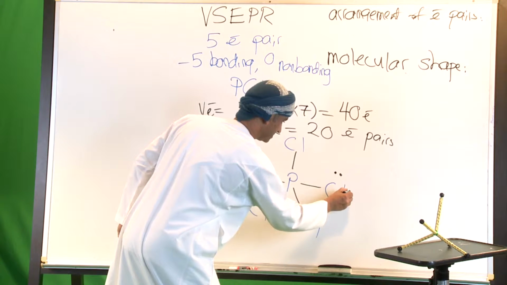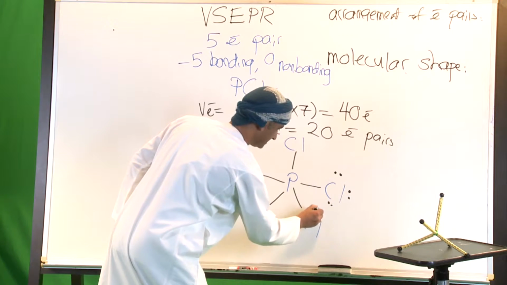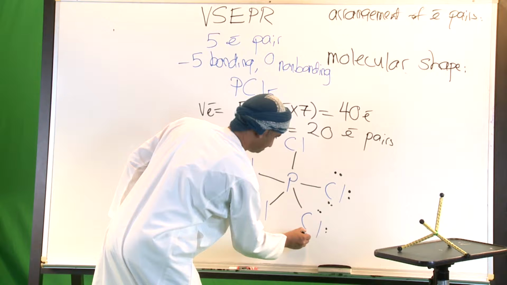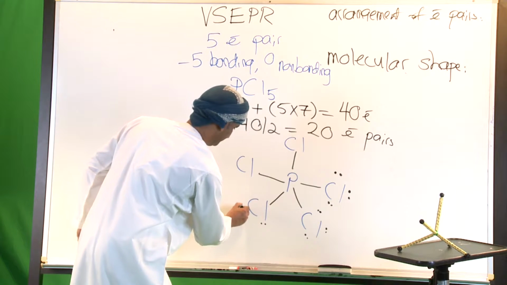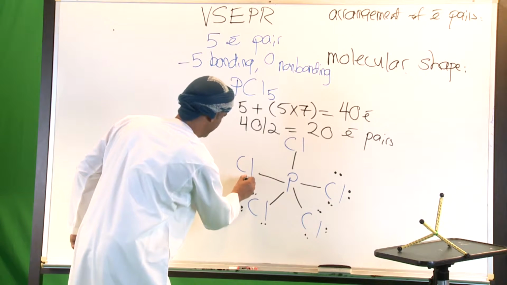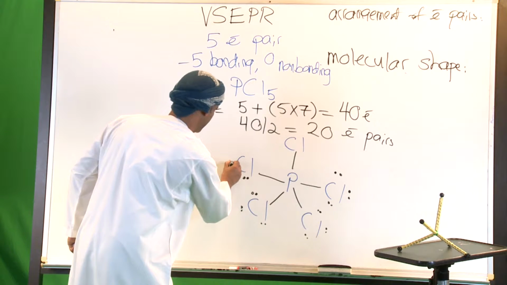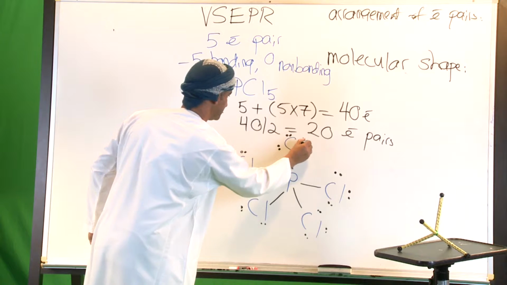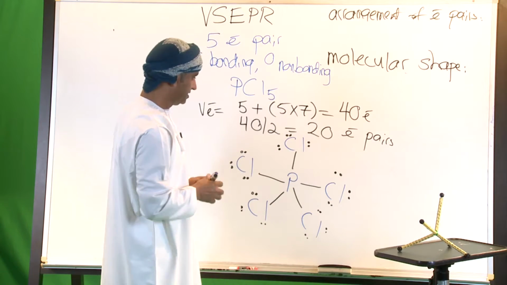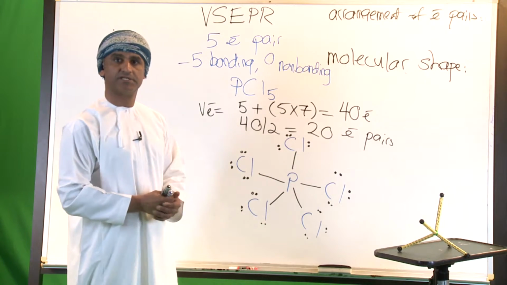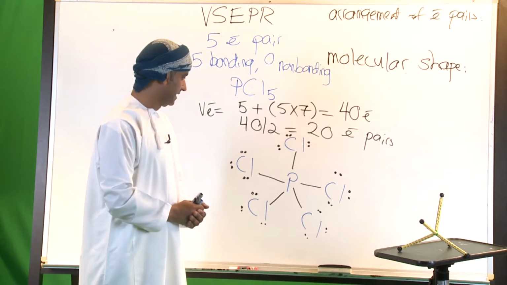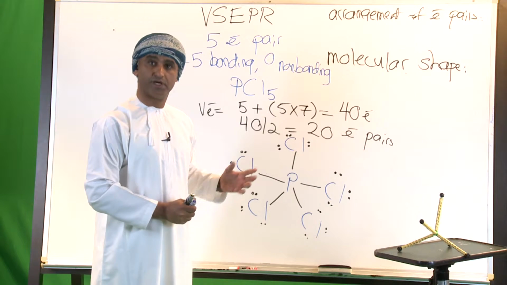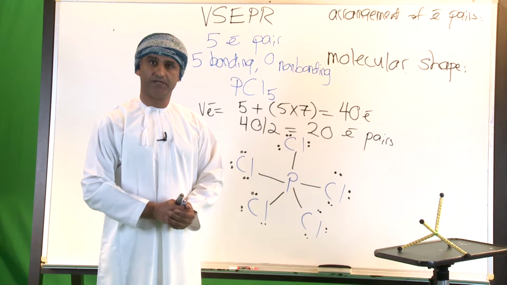So that's 6 for this chlorine, 6 for that one, 6 here, 6 on the 4th, and 6 on the 5th. Each of these surrounding chlorine atoms is now surrounded by 8 electrons, and therefore they all satisfy the octet.